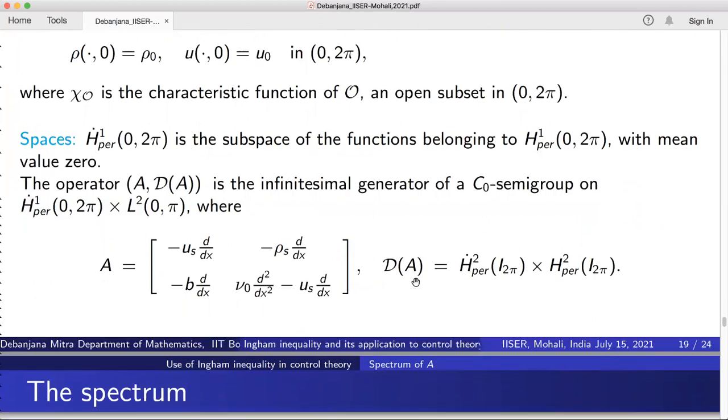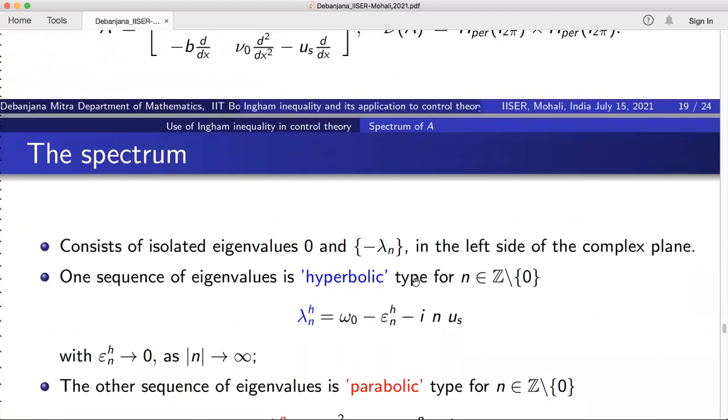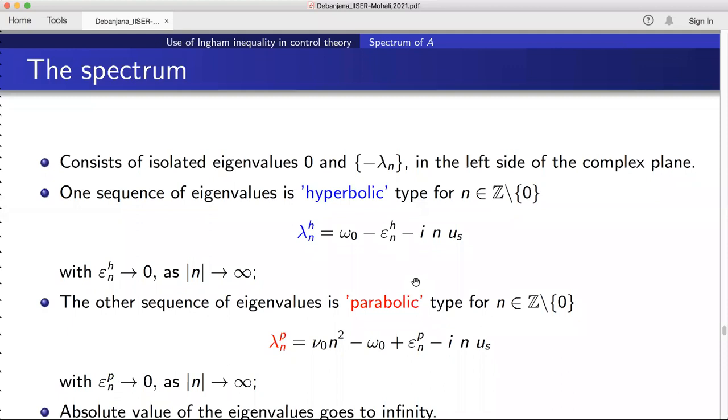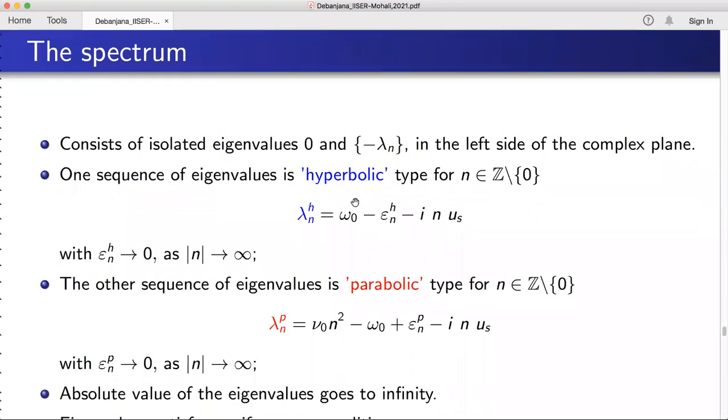If we study the spectrum of that linear operator capital A, we see that capital A has two families of eigenvalues.